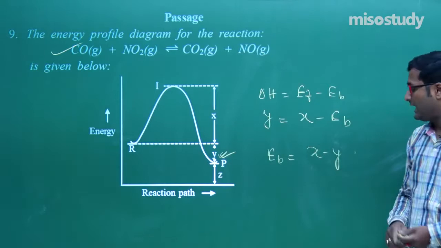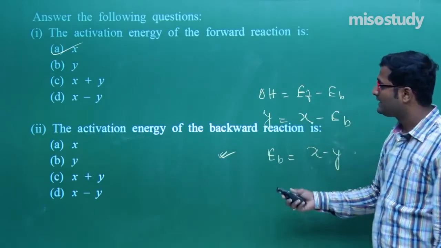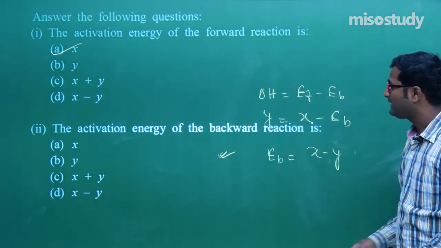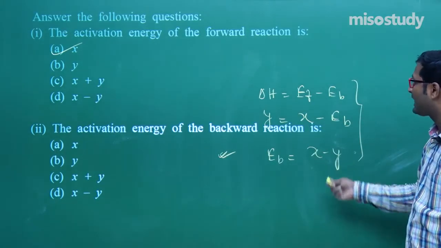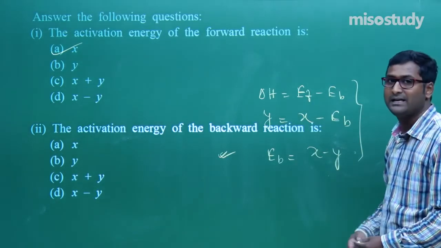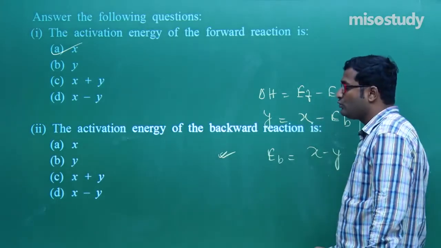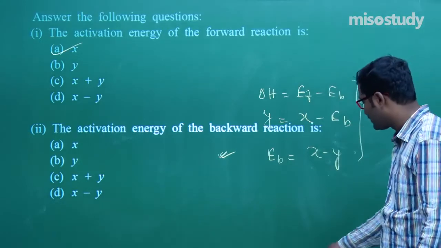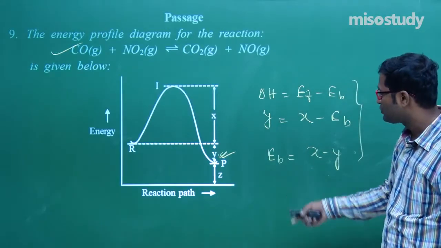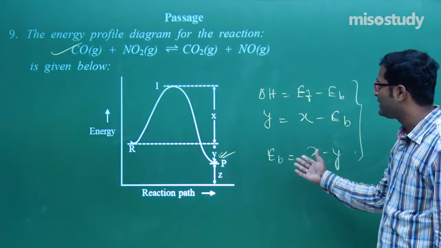But one more thing I am going to mention here. According to the situation, for the activation energy of the backward reaction, if you do not use the negative sign... it is an exothermic reaction, because this equation shows that there is a liberation of heat.